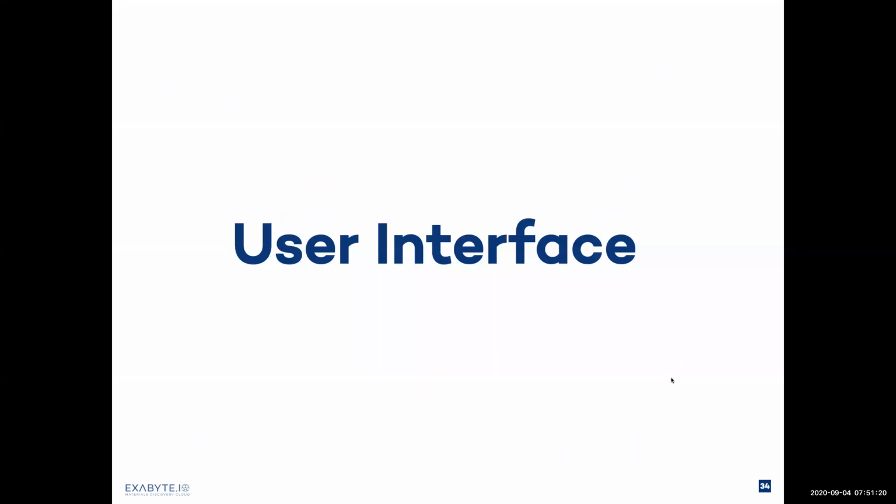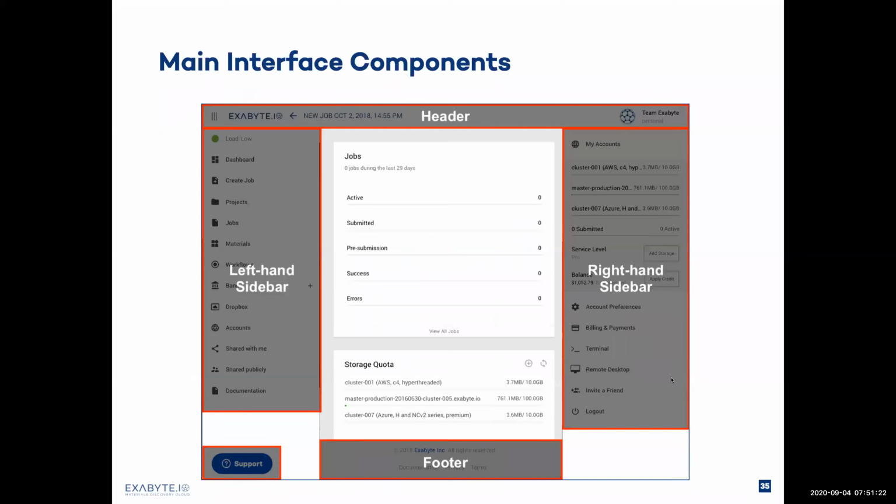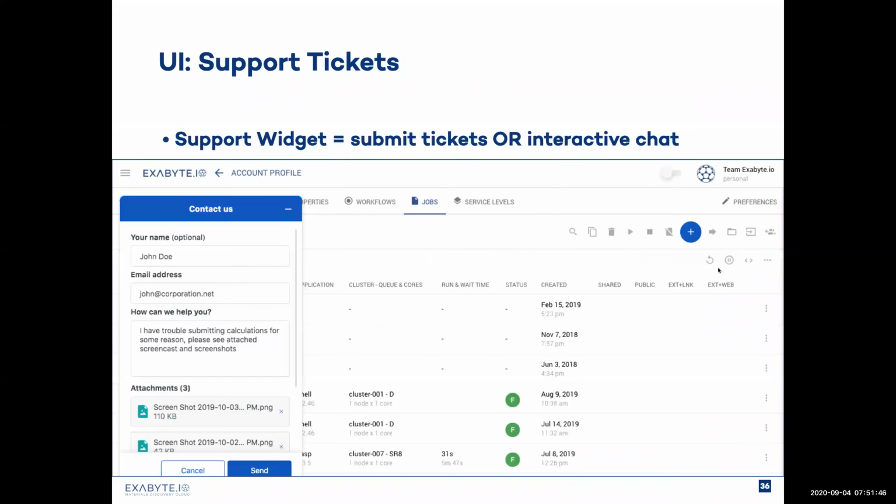And next, let's talk a little bit about the user interface as it is seen by the users once they log in. So here are the basic components of the main user interface. We have the header at the top, we have the left-hand sidebar and the right-hand sidebar, footer, and support widget. And usually at the very beginning, the most important one is the support widget to be able to ask questions.